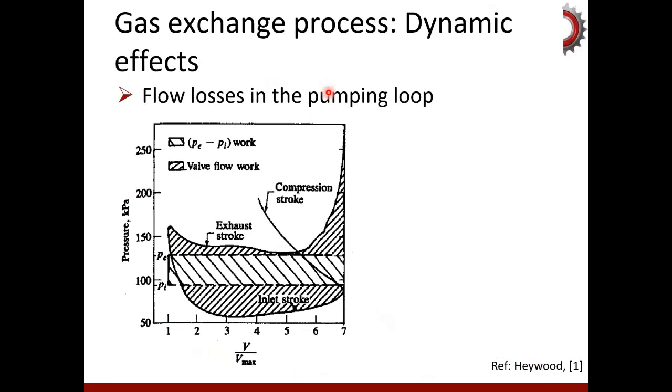If you look at this process on a PV diagram, this is the pumping loop, this is the exhaust process, and this is the intake process, and this box over here represents the throttling process.